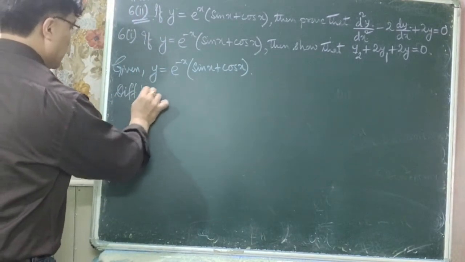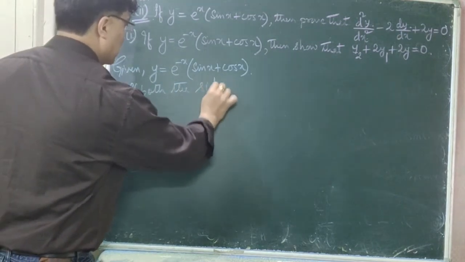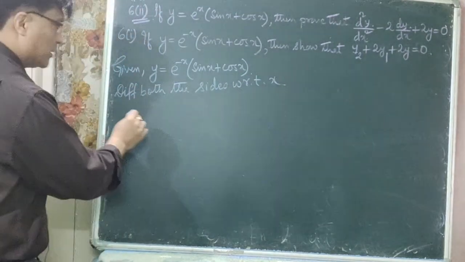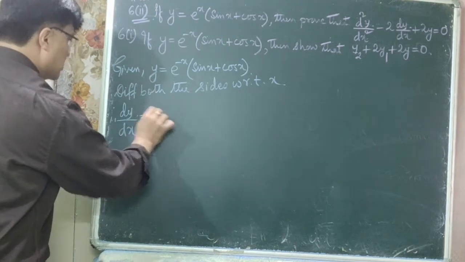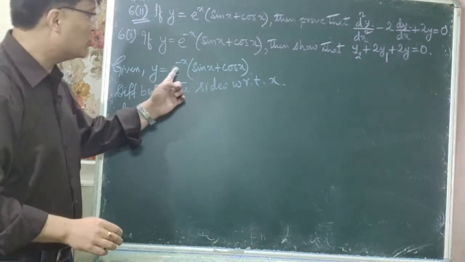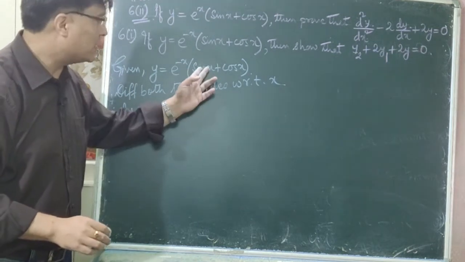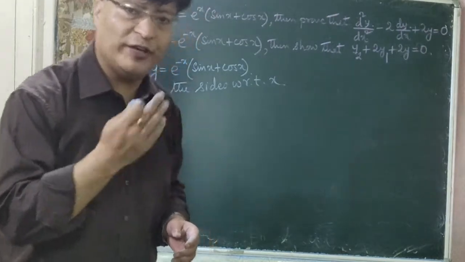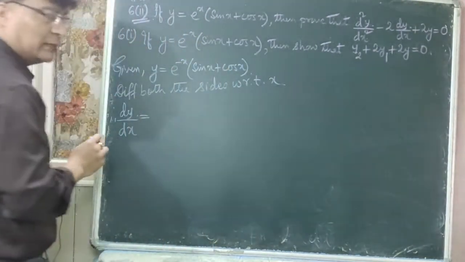Differentiating both the sides with respect to x, therefore dy by dx is equal to, now we can use UV rule here. E to the power minus x is taken as u and sin x plus cos x is taken as v. So this is your UV rule, right? So let us use UV rule here.